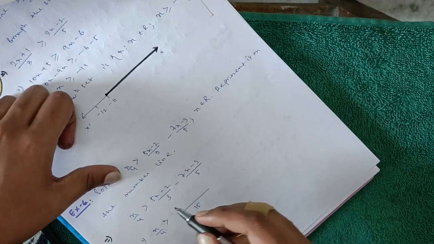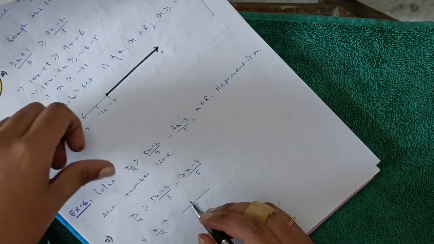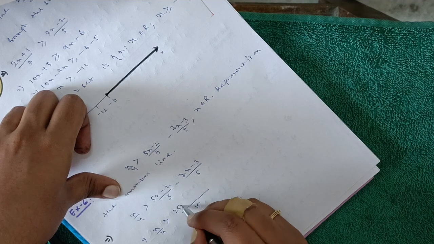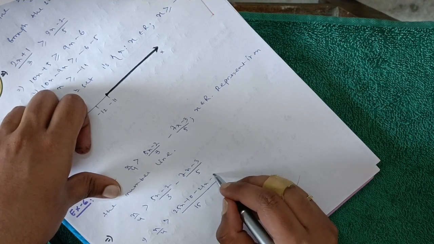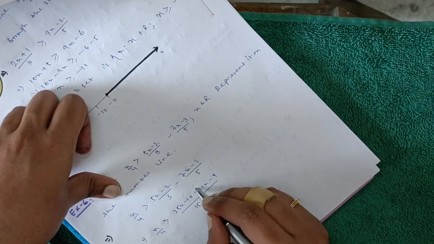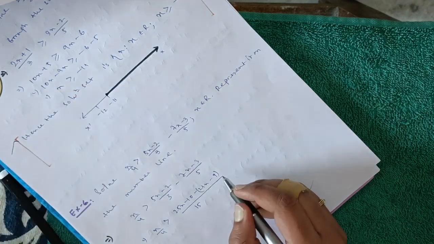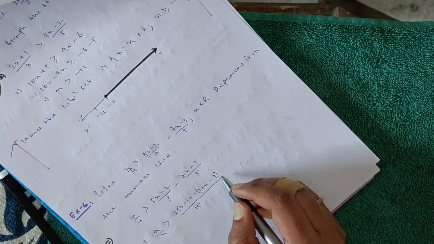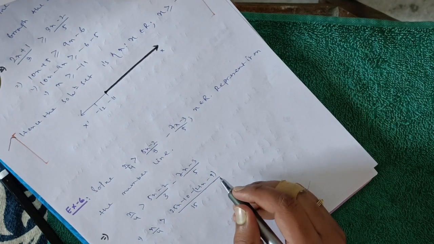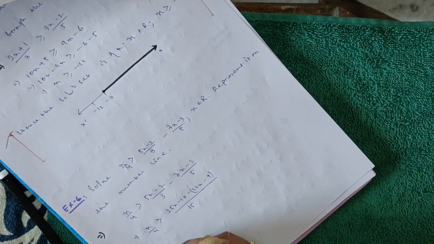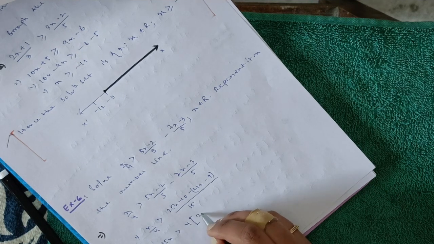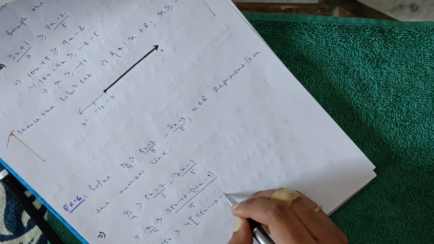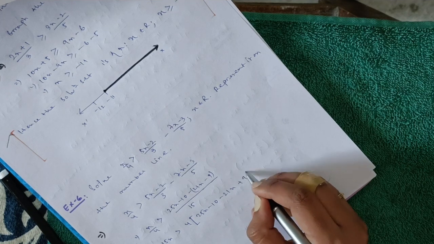Okay, then it will be 5 into 5, 25x minus 10 minus 21x minus 9. Okay, now is it correct or not? Okay, like 15x and then 4 into 25x minus 10 minus 21x plus 9.